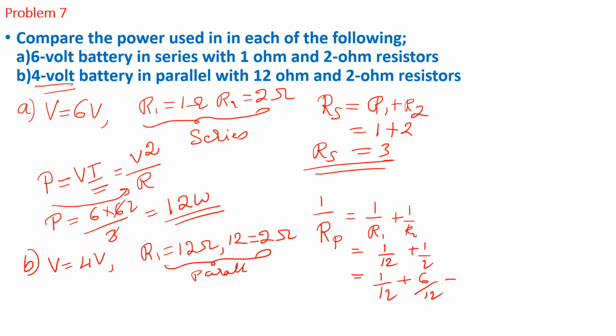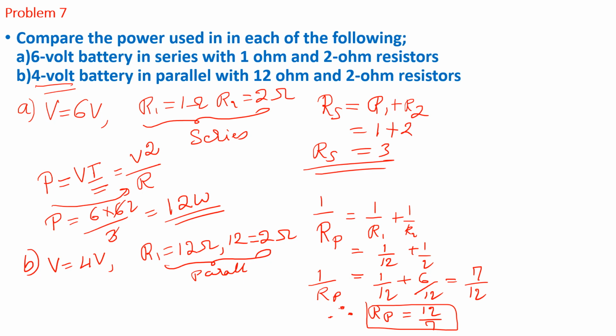So I will get 7 by 12 as 1 by Rp. Therefore Rp equal to how much? Rp is equal to 12 by 7. That is the value of Rp, effective resistance.